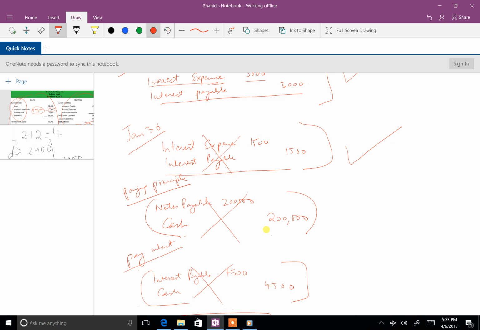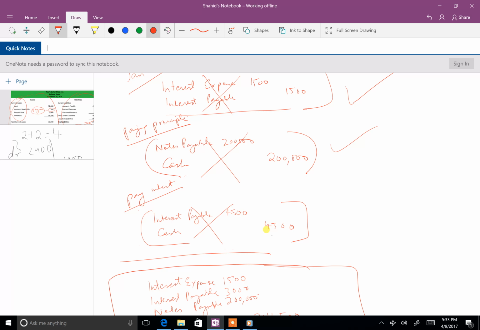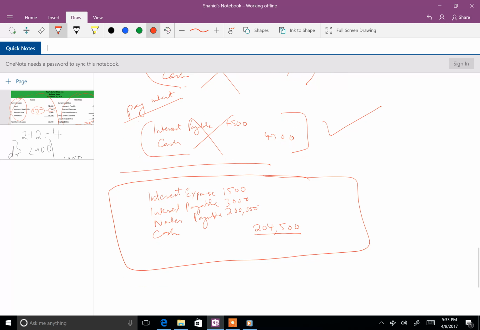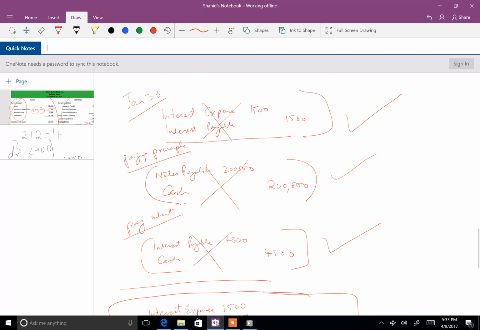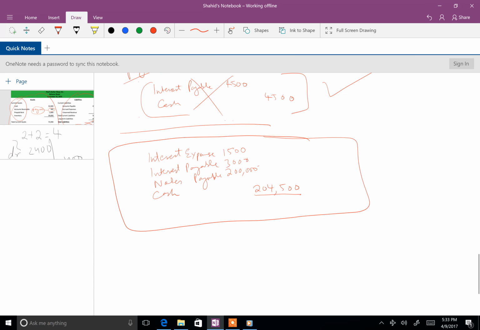So you paid the principal and then you paid the whole interest payable together. The idea is the same and the results are the same. You will always have two interest expenses, which will go in the income statement. The payable will be paid off, and then notes payable will be paid off. That's all. Thank you.